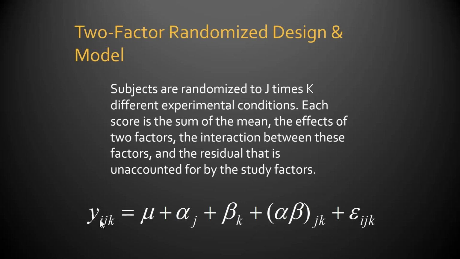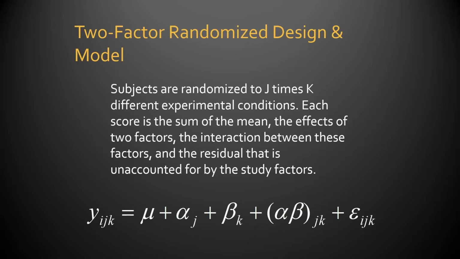A person i, one of the guinea pigs in this case, is only going to be in one level of supplement. If they're in the first one, then this little j would become a 1. If they're in the first supplement but the second dose, the medium dose, then this beta would be beta sub 2, and this alpha beta would be alpha beta 1,2. That would indicate the different effects for that particular guinea pig.